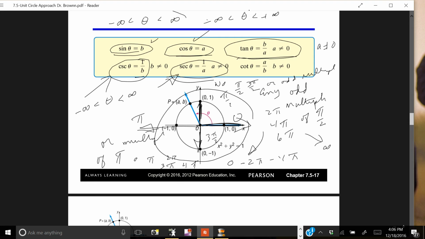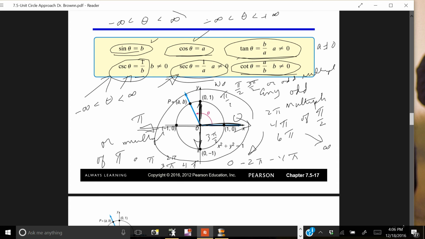And then finally, for cotangent, b can't be 0. So again, just like for cosecant, we cannot have b equals 0, so it can't have any multiples of pi.